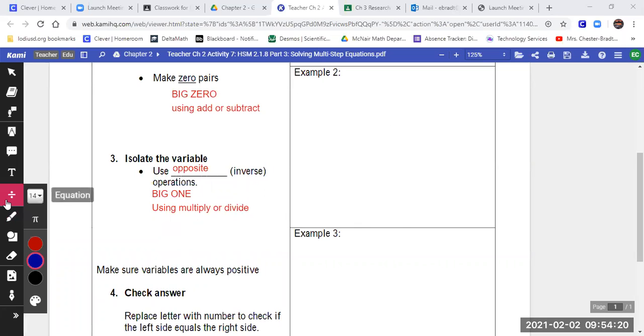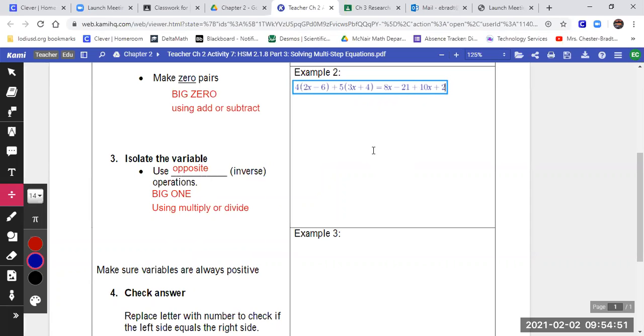Okay, so for example 2, we have 4 parentheses 2x minus 6, close the parentheses, plus 5 parentheses 3x plus 4, close the parentheses, and that has to equal 8x minus 21 plus 10x plus 2.